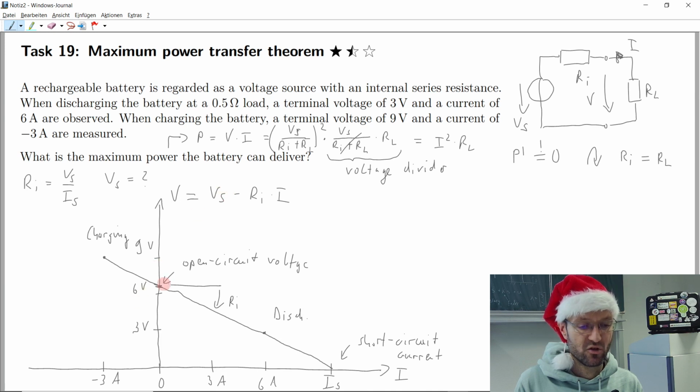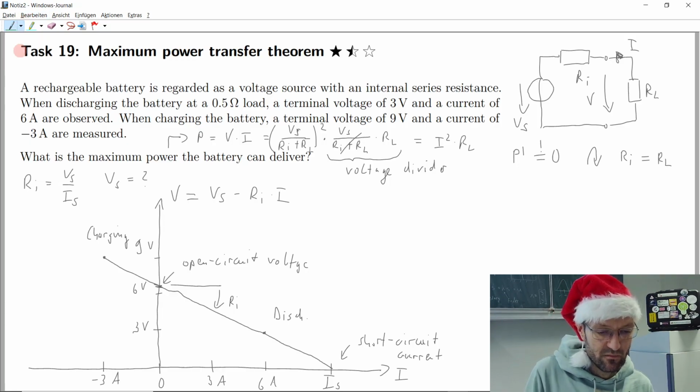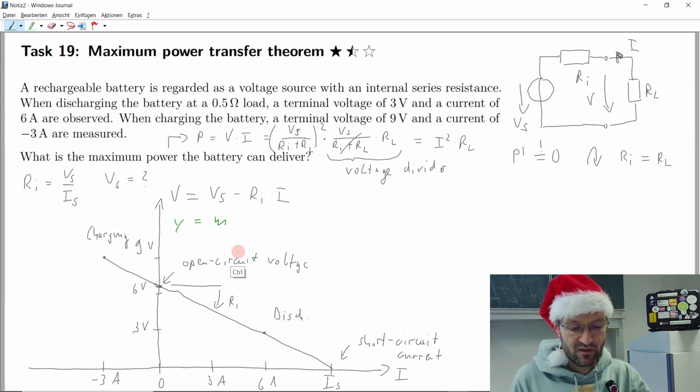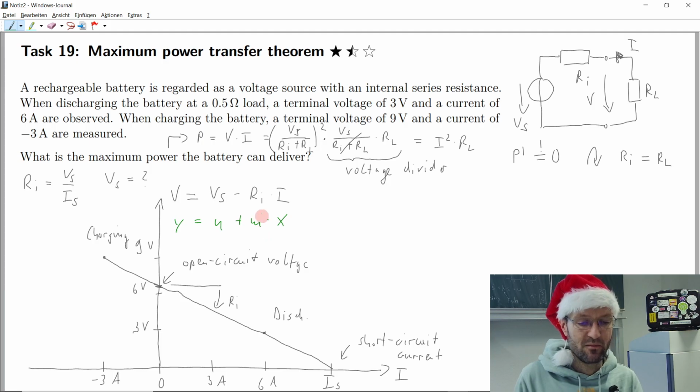I don't know how to call this intersection here with the y-axis. This is the slope of the linear function, so it's similar to y is n minus m times x, or plus m times x where m is negative.